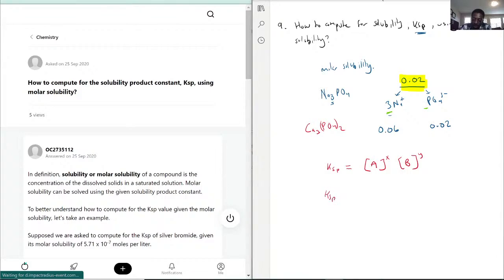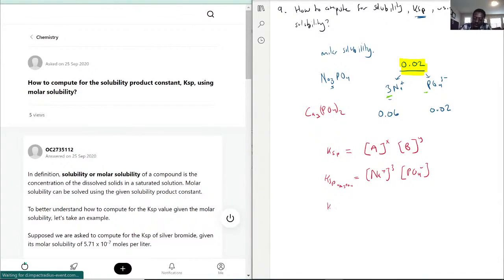The Ksp for Na3PO4 would be the concentration of Na+, which is what we have here because that's the molar solubility, since they usually give a value in molarity, to the power of 3, and the concentration of the phosphate ions to no power, because as you see here, it's a 1-to-1 ratio.